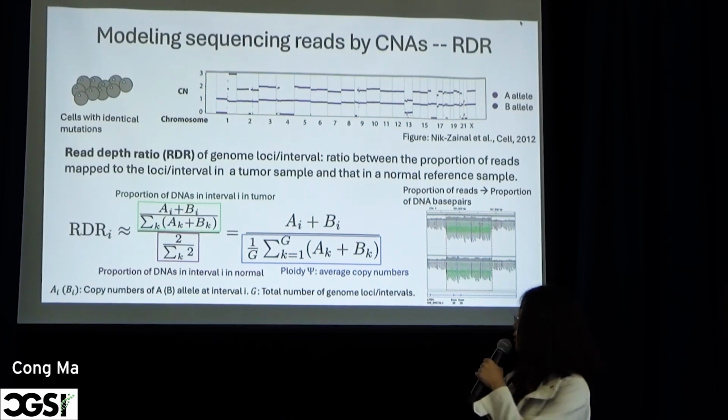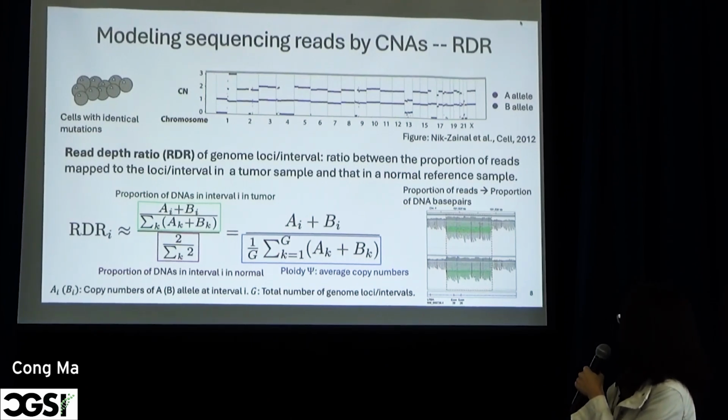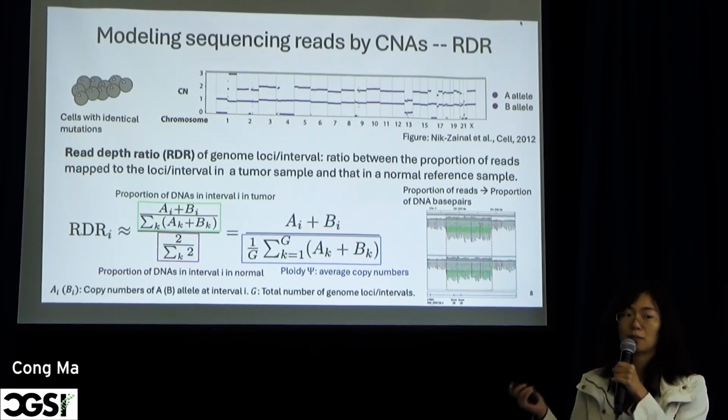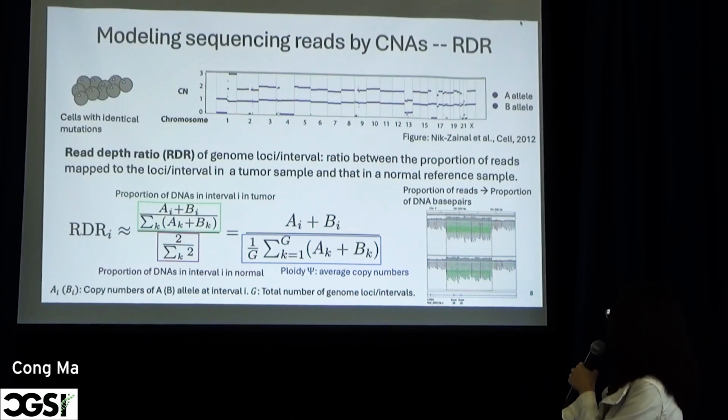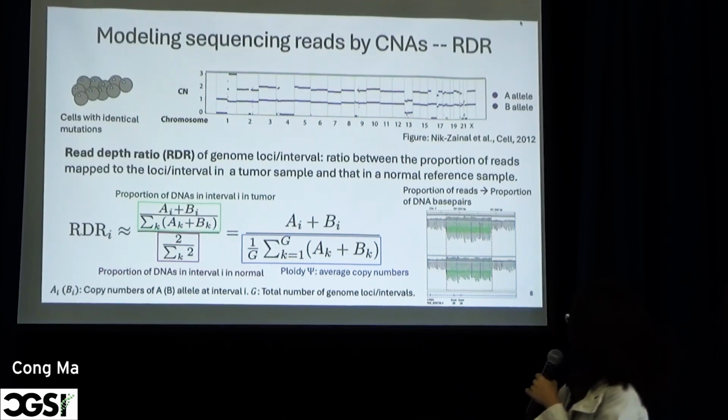And so we further rearrange this equation. We have RDR approximately equal to the A allele copy plus B allele copy, or the total copy number at this interval, divided by the average copy number across the entire genome, which is also known as ploidy.